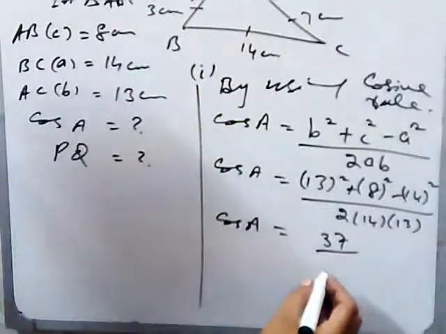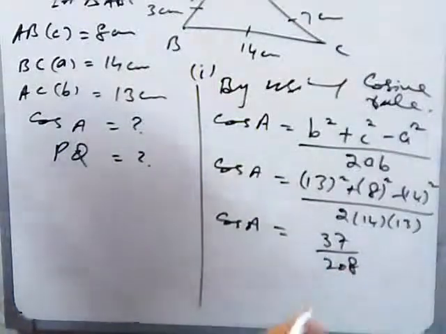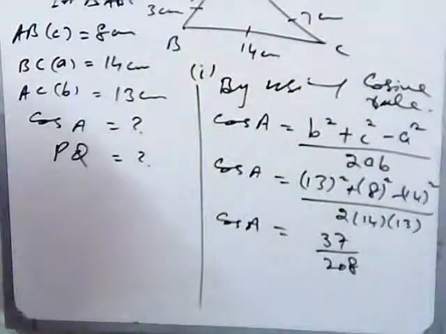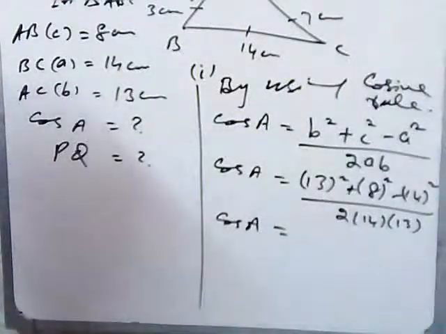Cos A is 37 by 208, and if you have a calculator, you can find the values in decimal form, not in fraction form, because we need that.